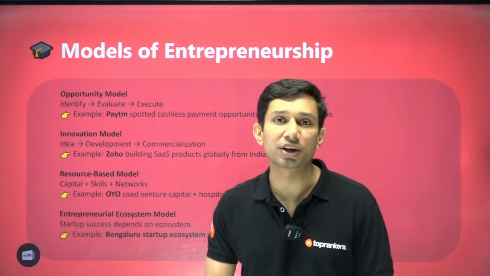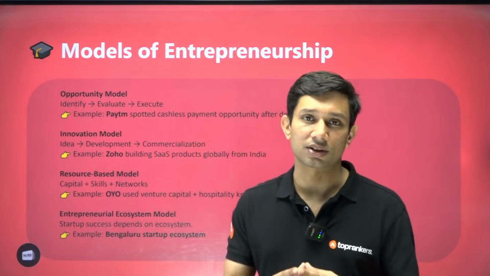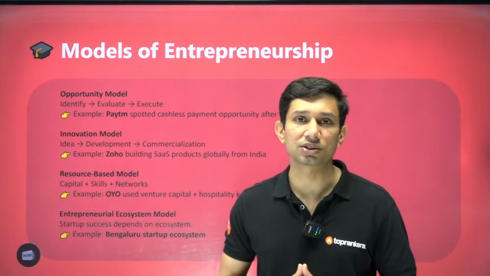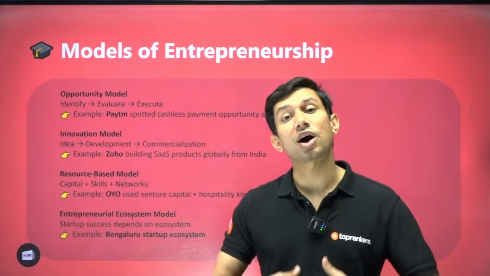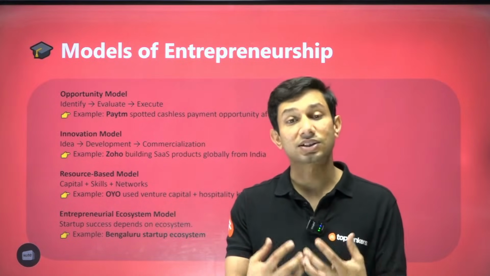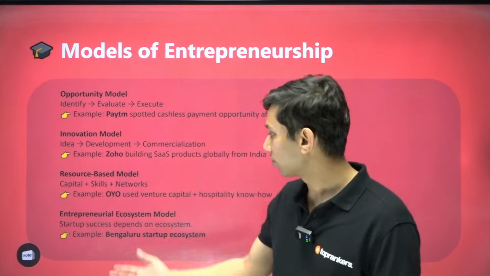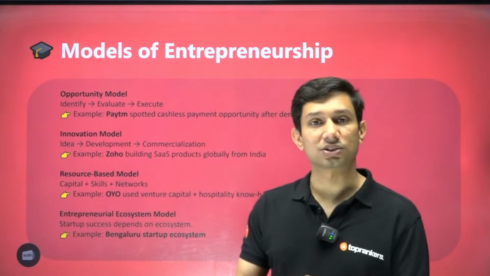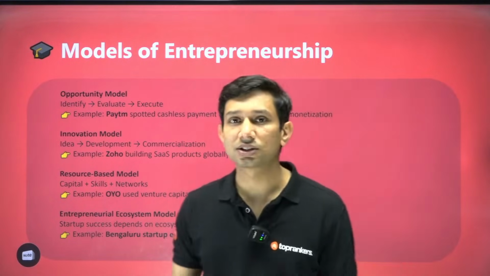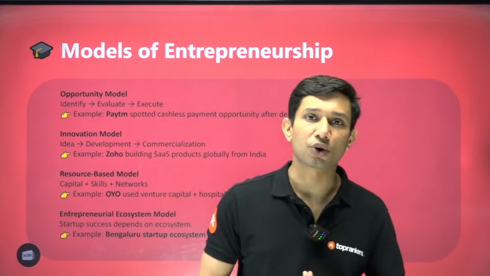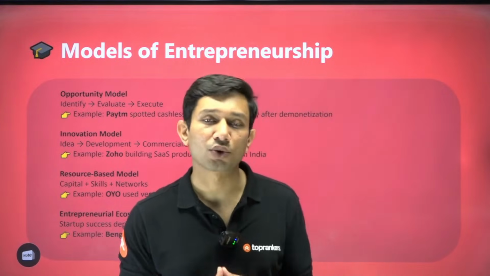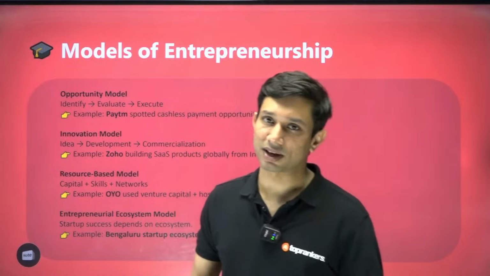All startups need to be legally registered in India when they're getting into business. A startup that helps other startups set up their legal business in India would come under the entrepreneurial ecosystem model. Hence, these are 4 models of entrepreneurship for you to have knowledge about going forward in case this is asked in the exam again.